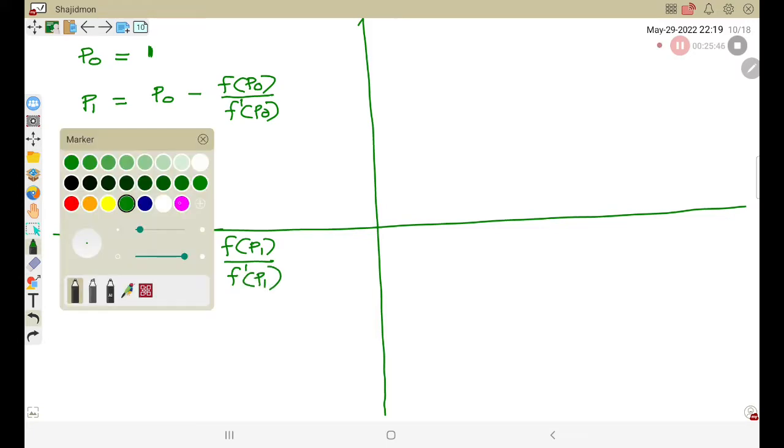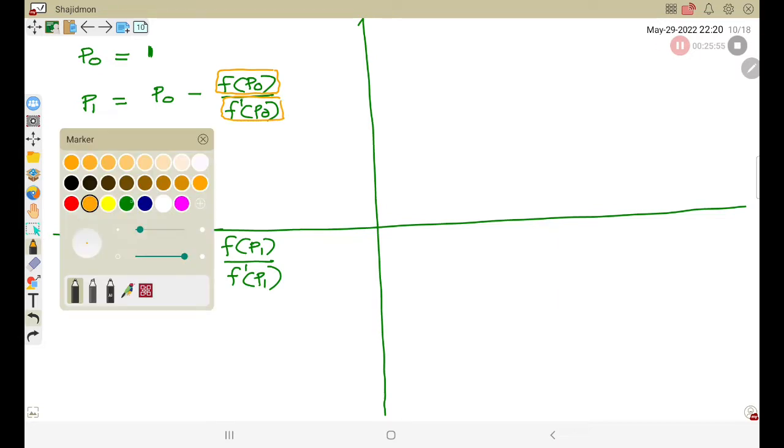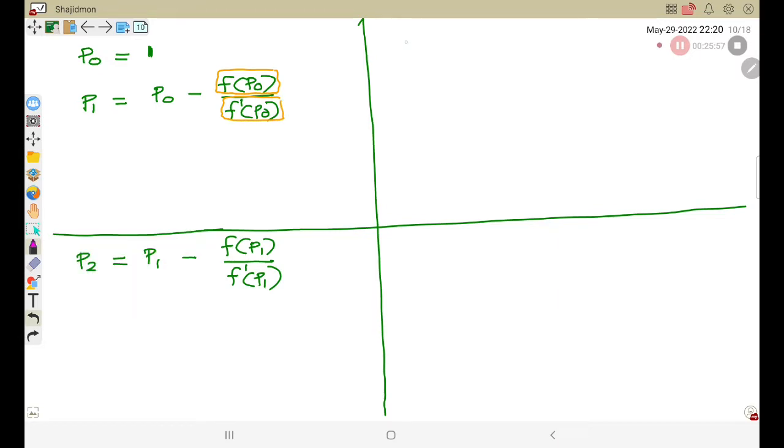So one by one we will calculate here. So first we are going to do what is f of P0 and what is f dash of P0, correct? So we will do separately that one. What is f of P0 first, then f dash of P0 number, correct? What is f here in our question?